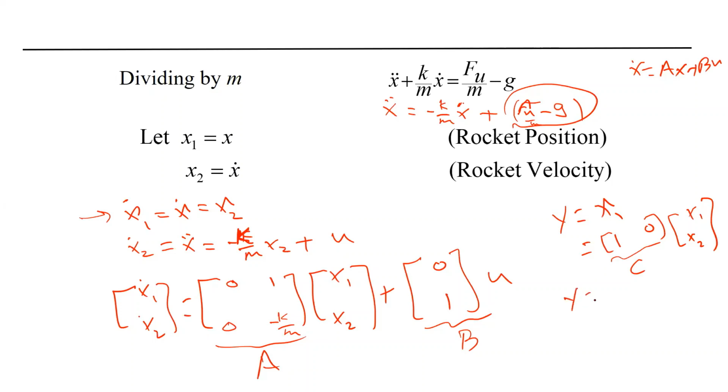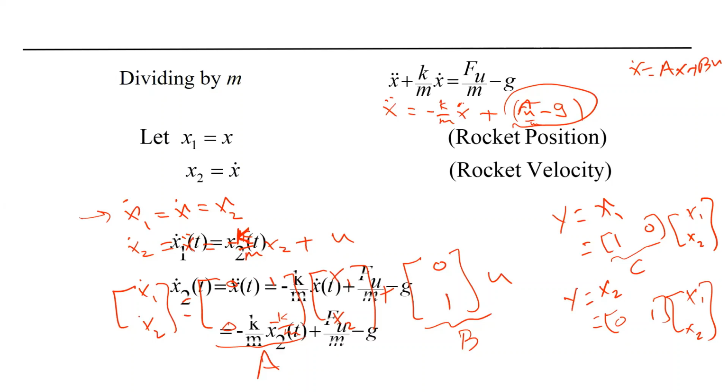However, if I want y to be x2, the C matrix will be 0, 1, for x1, x2. So it depends how you define your output.